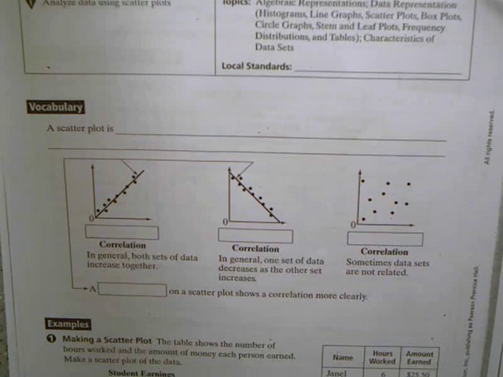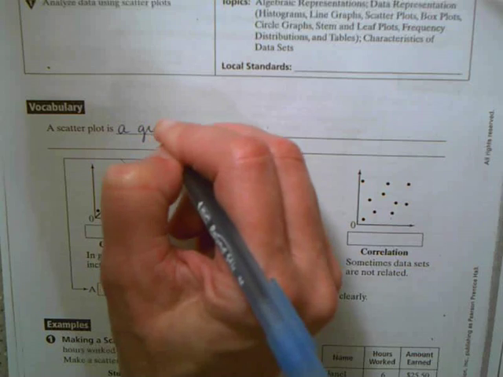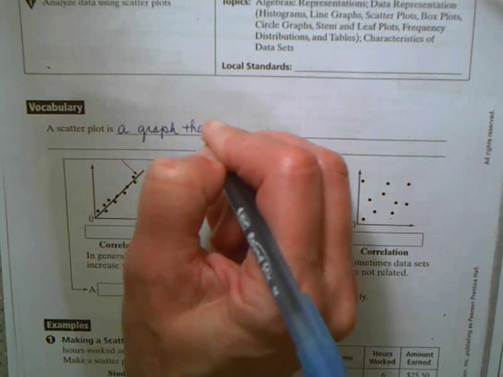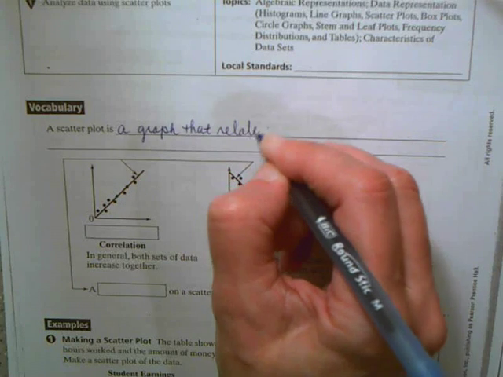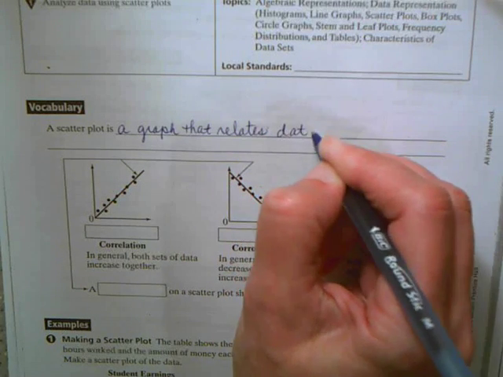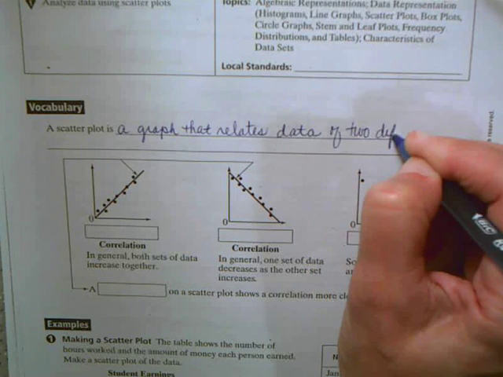First of all, a scatter plot is defined as a graph that relates data of two different sets.